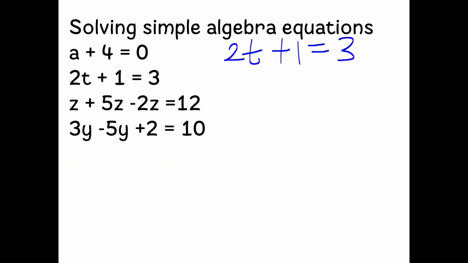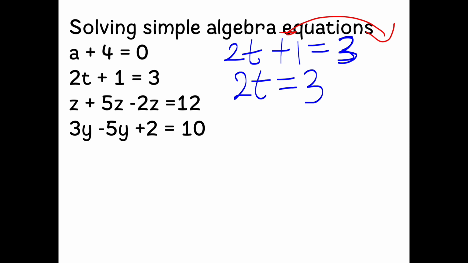So 2t plus 1, we are going to carry plus 1 to the other side, right? Because it doesn't have a t. So we are going to have 2t left on the left hand side equals to, we have 3 on ground here already. So 3 will maintain the position.